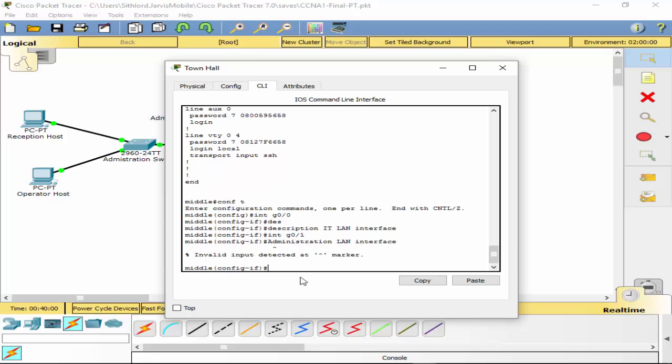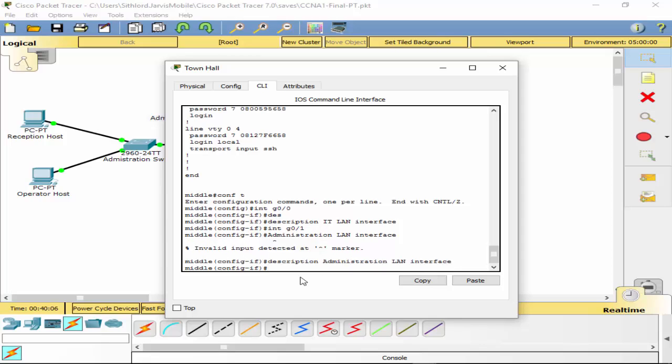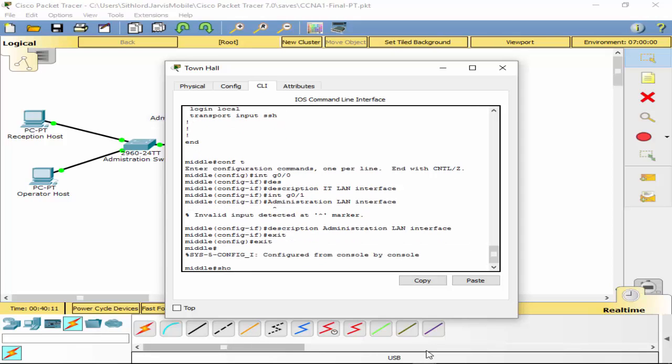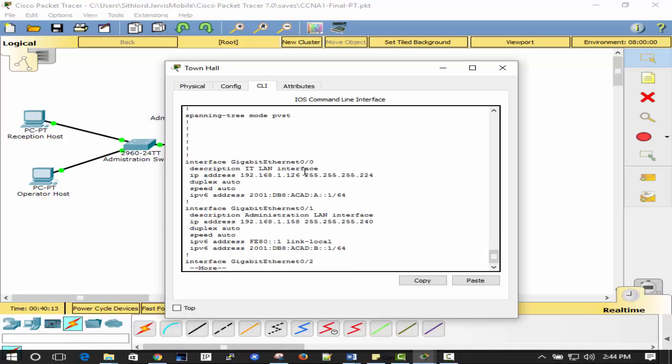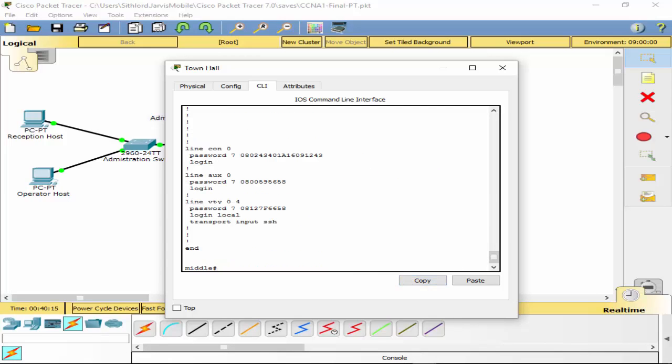So something to tell us, oops, we didn't put description. So something to tell us what's going on there. And so where we're going to see that now is we do a show run. It tells us exactly what we have going on. So that is documenting those.